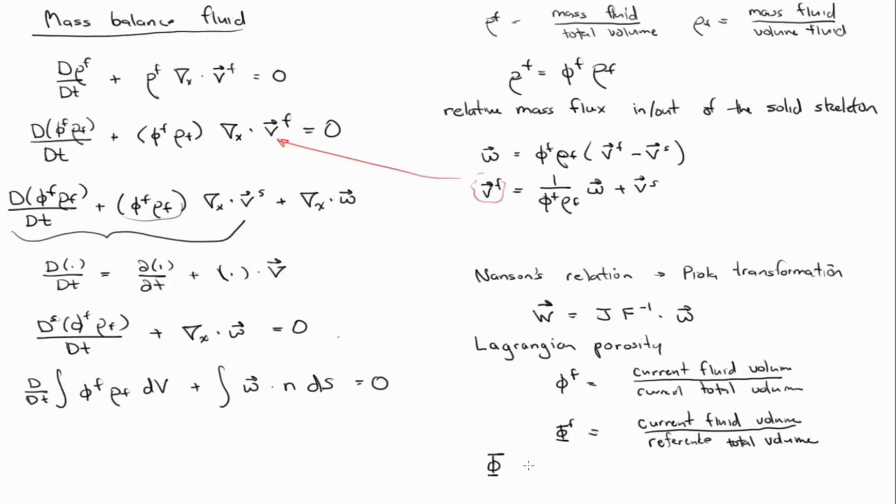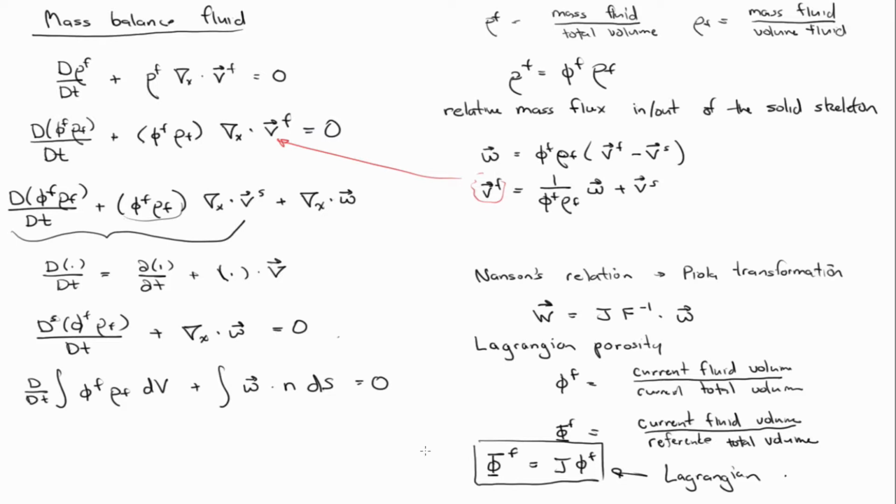Anytime you just have a transformation of a scalar field through a coordinate frame from the reference to the deformed, it's just through the Jacobian determinant. So this is the Lagrangian porosity. Okay?